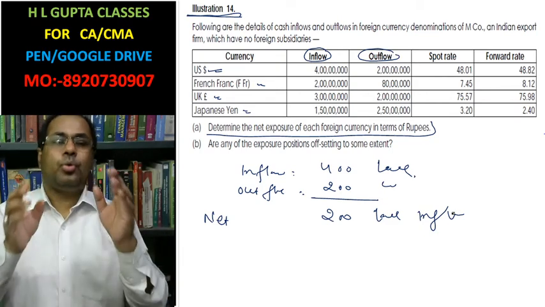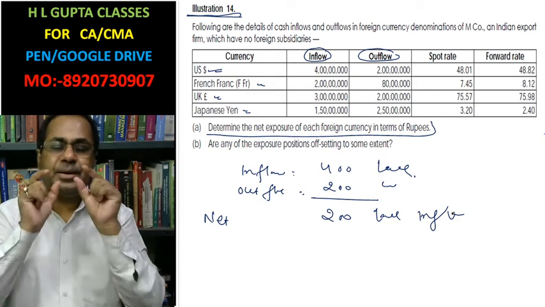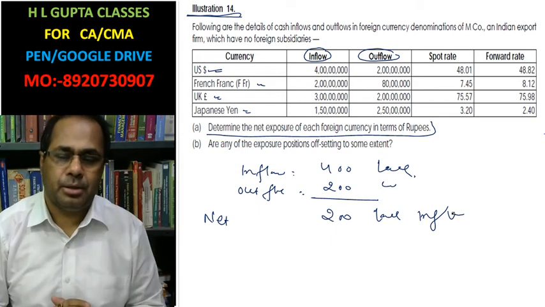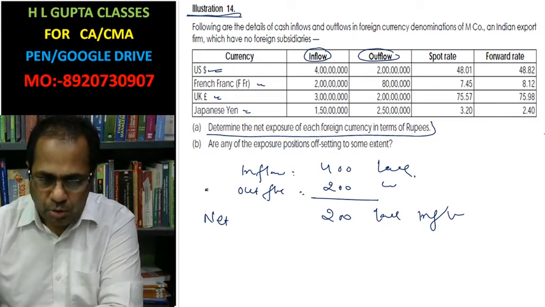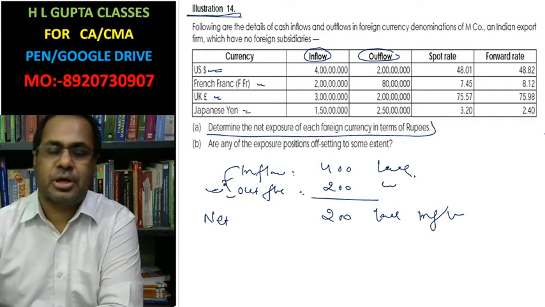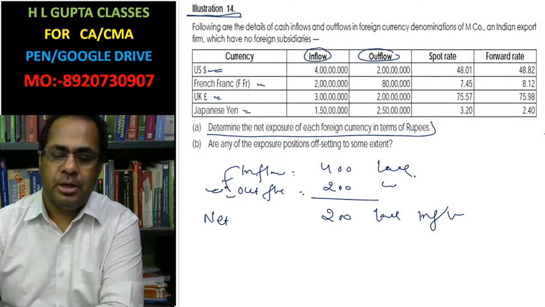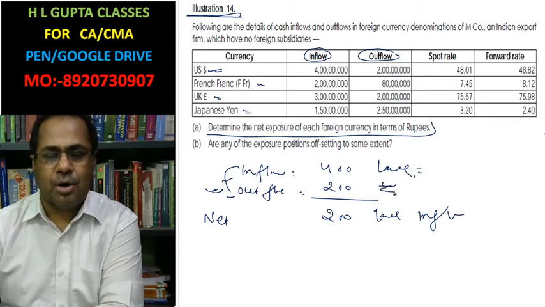You have to settle your foreign exchange risk on the basis of netting. Suppose you have 400 lakh in dollar inflow and 200 lakh in dollar outflow.